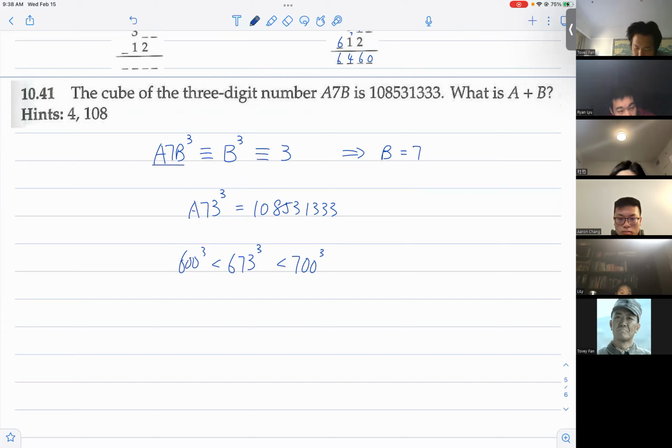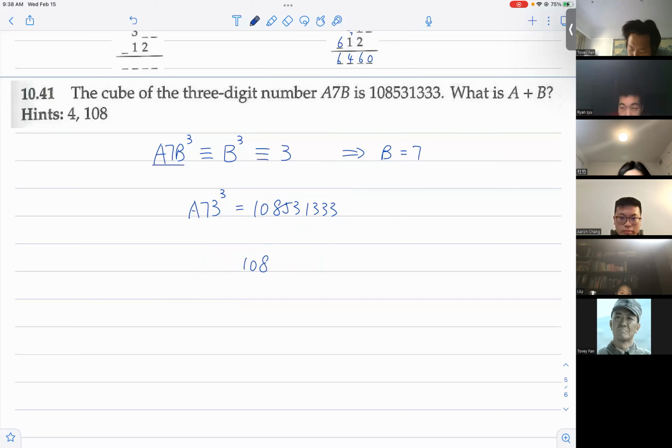Look at 600 cubed, it's 216 followed by zeros, which is clearly much bigger than this number. So to estimate what A is, we prefer zeros, right? We can just use zeros to estimate between which hundreds cubed this number lies.